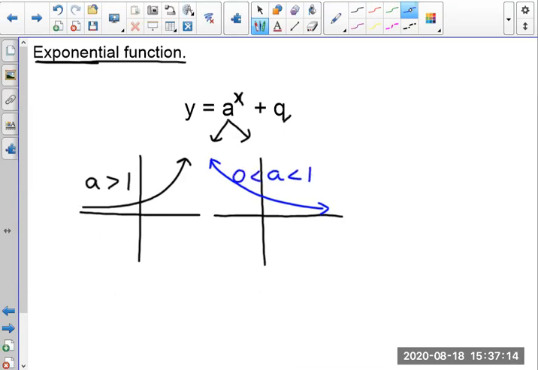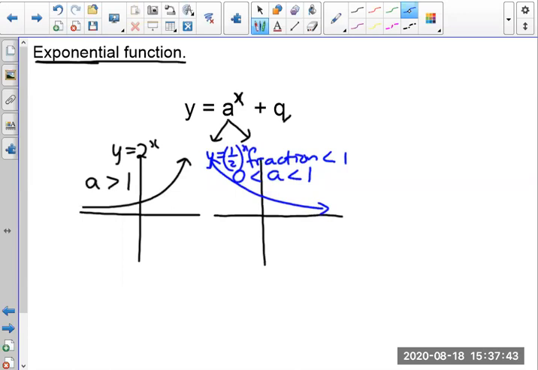In other words, a fraction less than 1. So if I can give you numbers, for examples, this will be like y equals 2 to the x. And then this one will be like y equals a half to the x.